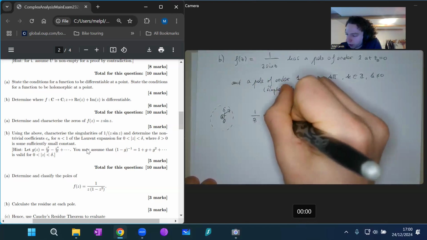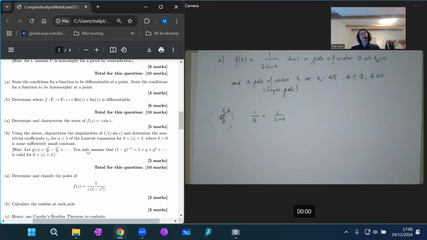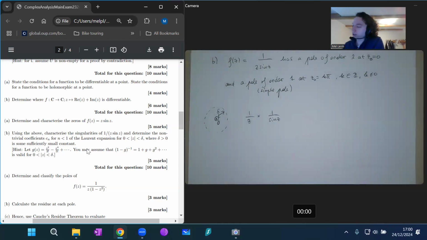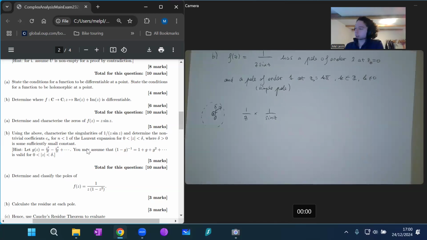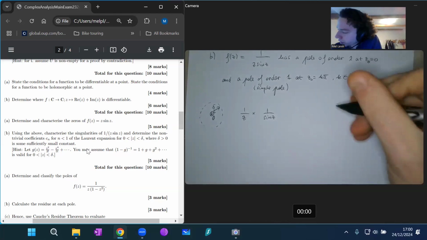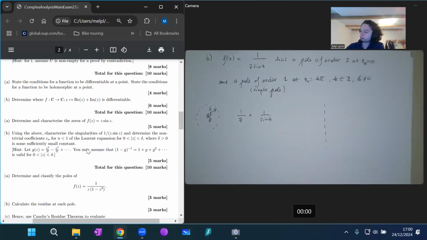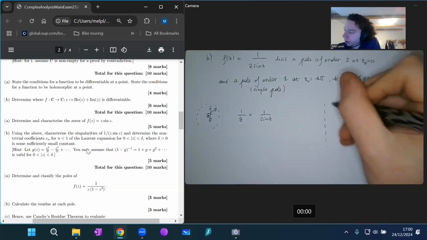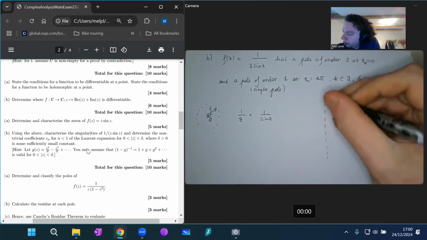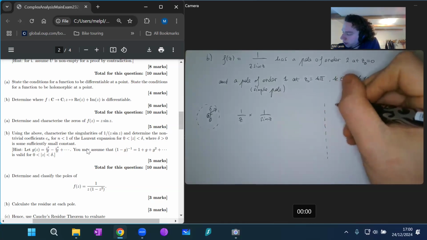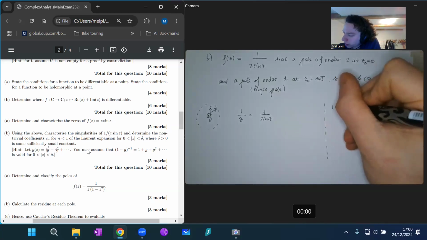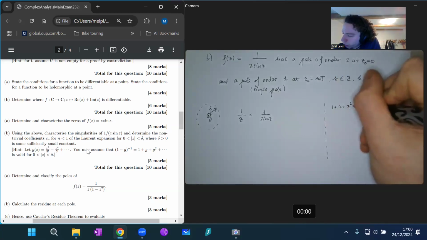And what they're suggesting is to use the geometric series. It's used all the time in this module, and generally very important.